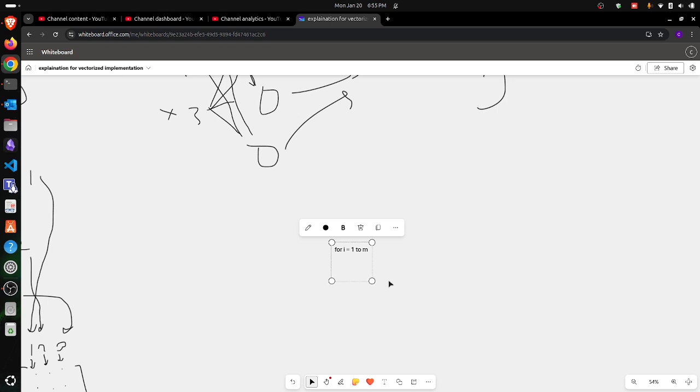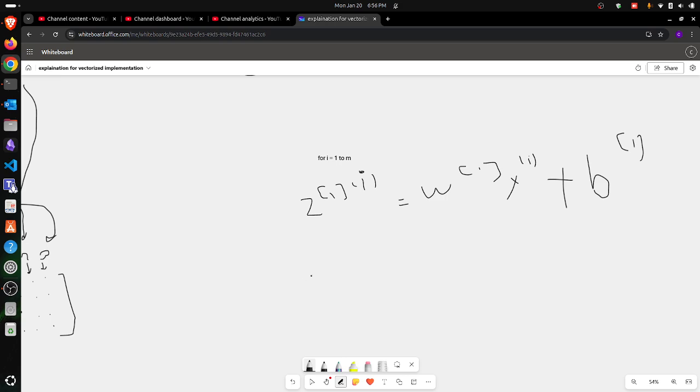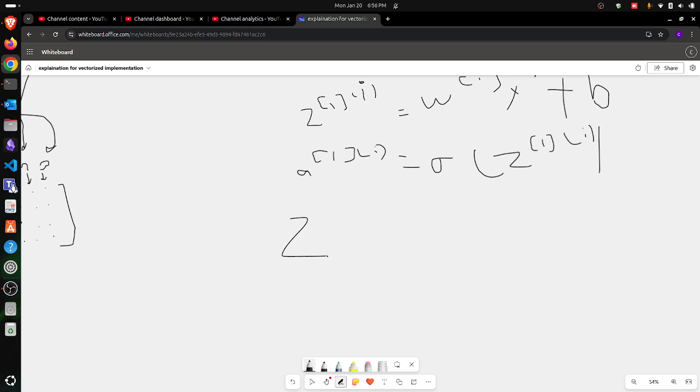We are going to have z of 1 of i equals W of 1 times x of i, and then a of 1 of i equals g of z of 1 of i, and this is similar for z2.